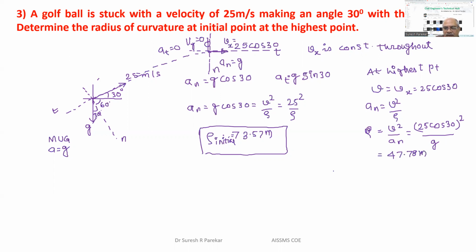So your value of radius of curvature is always minimum at highest point, because at highest point velocity is minimum, which is Vx only.